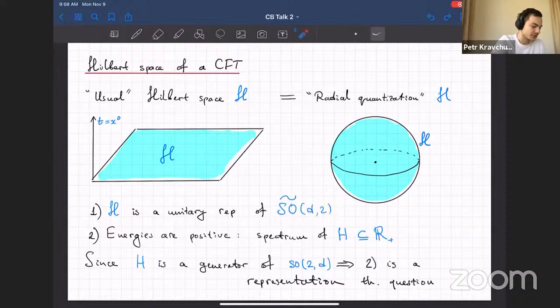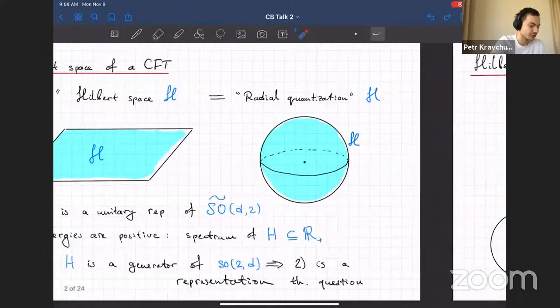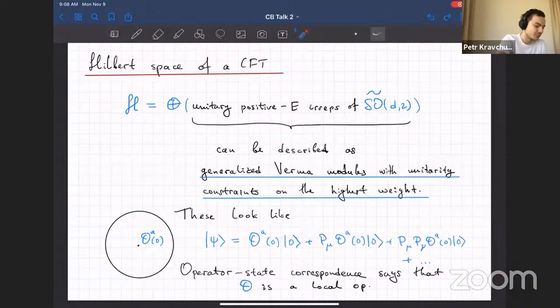Usually we would say that the Hilbert space decomposes into a direct sum of unitary irreducible representations of this group. In this case, we actually say more: the Hilbert space decomposes into unitary positive energy representations of the conformal group.